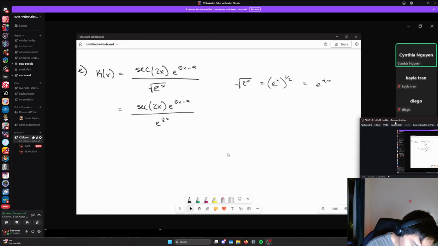So now that we have that figured out, there's k prime of x. Let's use quotient rule: low d high, high d low. But in your numerator, you want to notice that you basically have a product, so inside of this quotient rule, you have product rule as well. Low is your denominator, e to the 1/2 x.